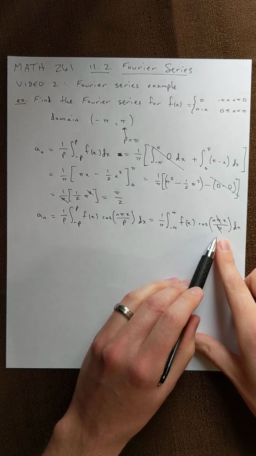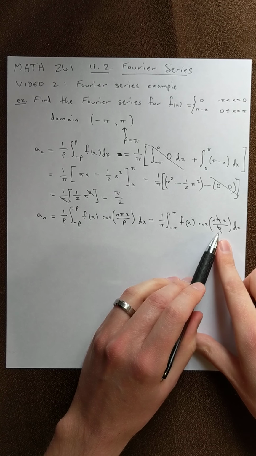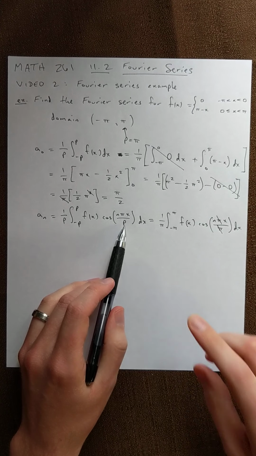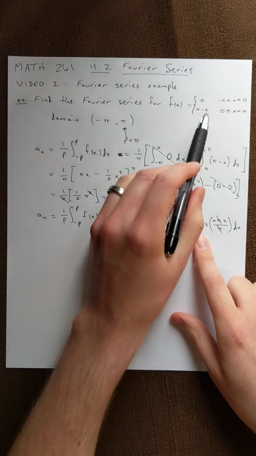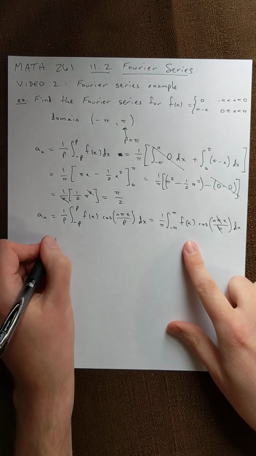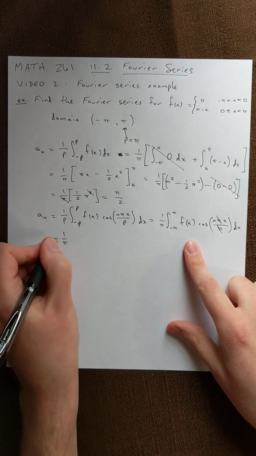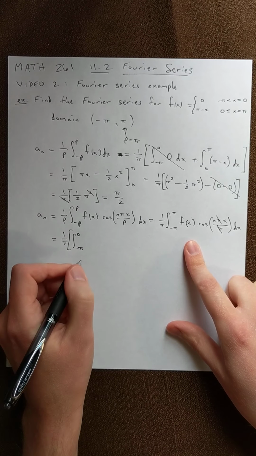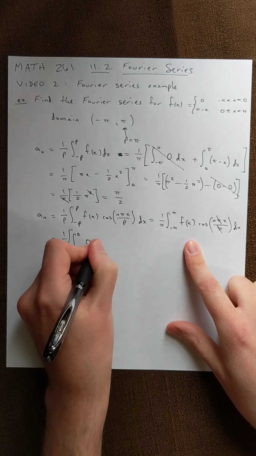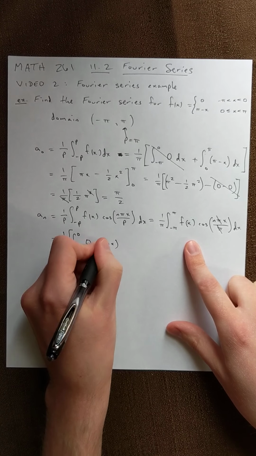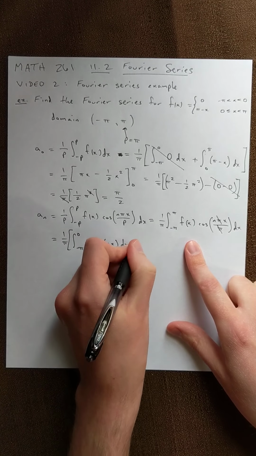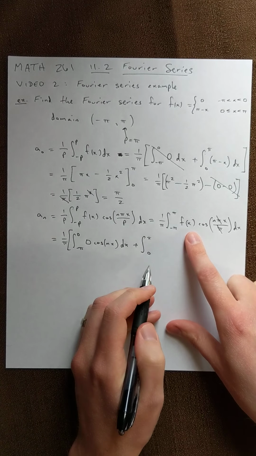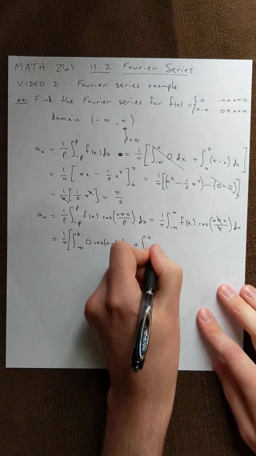Honestly the most common p's we're going to see are the number 1, p is 1, or p is pi. Okay, anyway, f of x is piecewise, so we're going to have to split this into two integrals. So we'll have 1 over pi, integral from minus pi to 0, in which case f of x is 0. And definite integral from 0 to pi, in which case f of x is pi minus x.